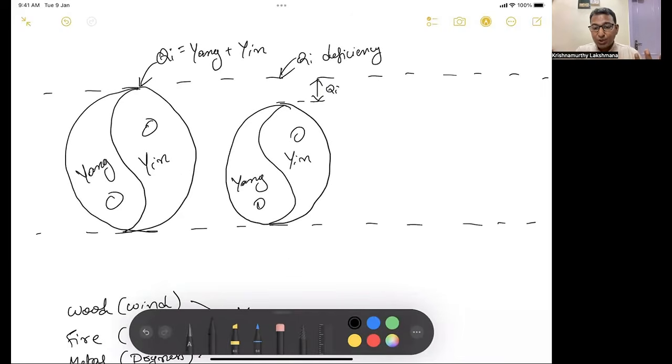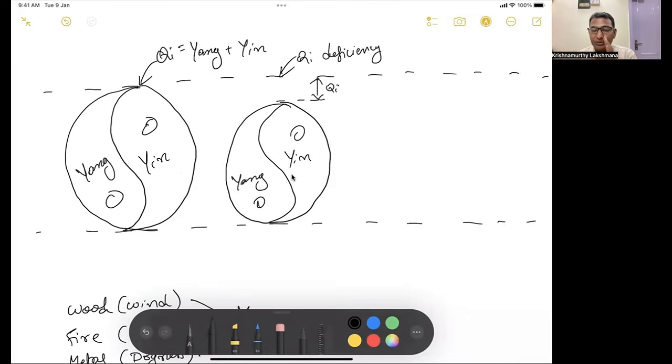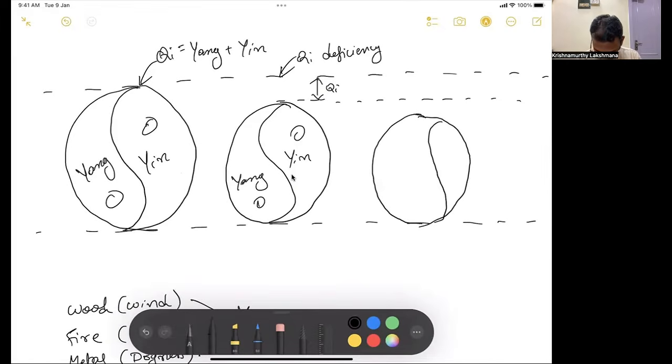But when the ratio of yang and yin changes, let's say here yang is 5, yin is also 5.